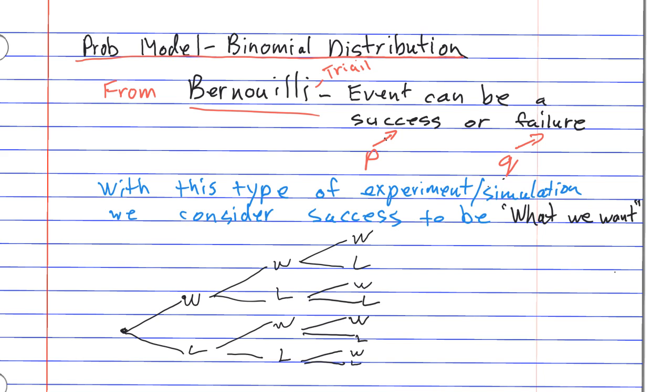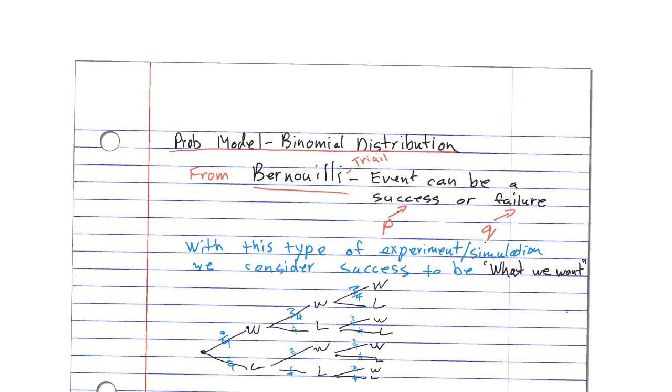Now you have all your 3 levels of wins and losses. So imagine that my probability to win was 3/4. Then I'd have 3/4 here and 3/4 here. But anywhere where I had a loss would be 1/4. So right here would be 1/4, right here would be 1/4, and so on. And you'd have your results, just like before, and so on and so forth.